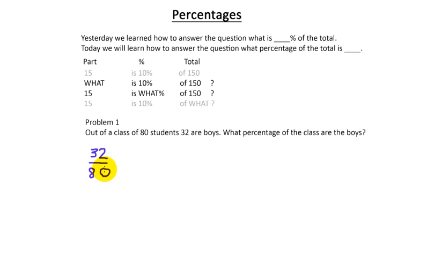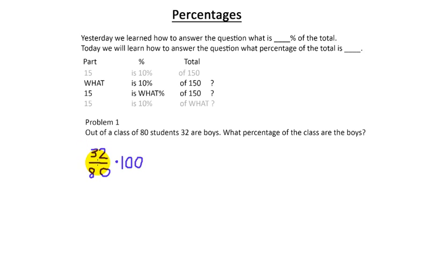Once I find this, I need to multiply it by 100. The specifics of why I multiply it by 100 are something that we could get into at some later point next week. But right now, this is what you have to keep in mind.